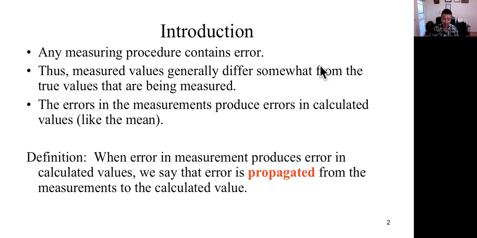So by definition, when error in measurement produces errors in calculated values, such as the mean or standard deviation, we see that the error is propagated from the measurement to the calculated value. This is what we call propagation of error.